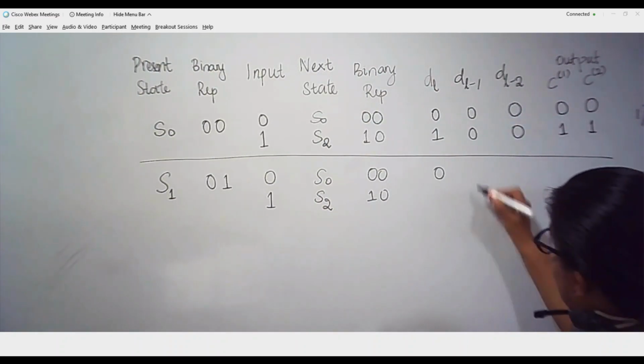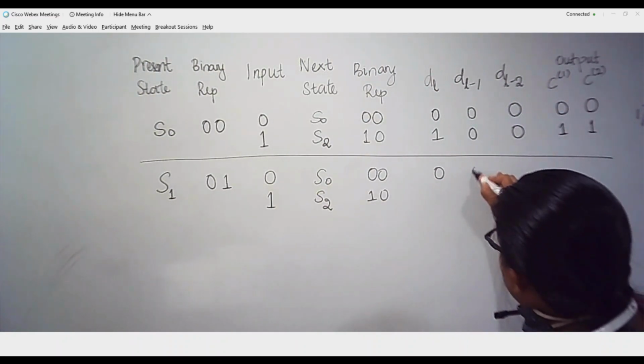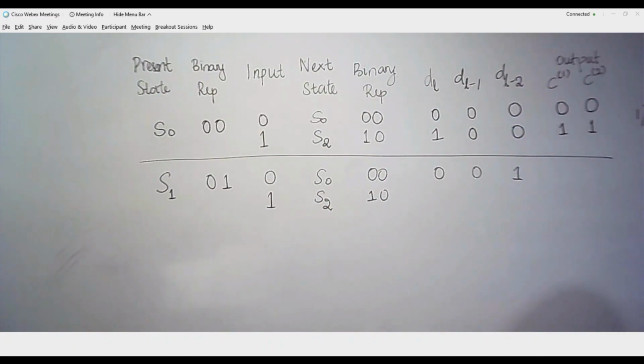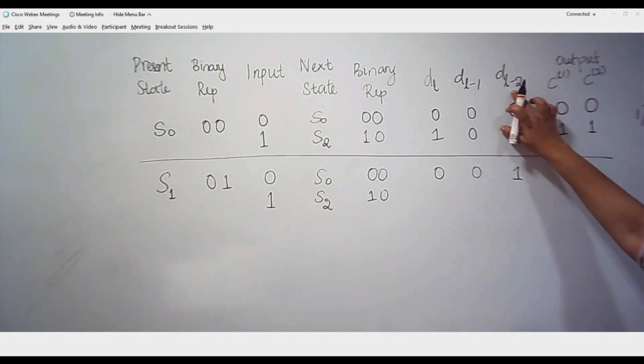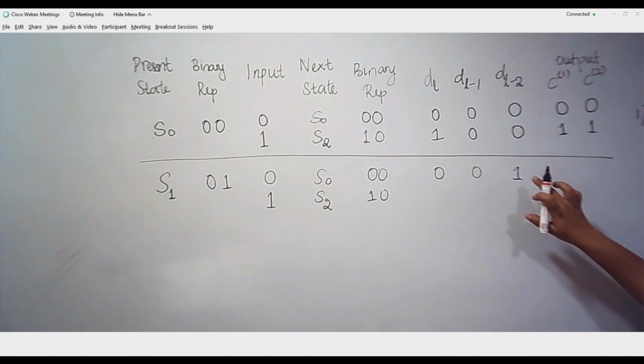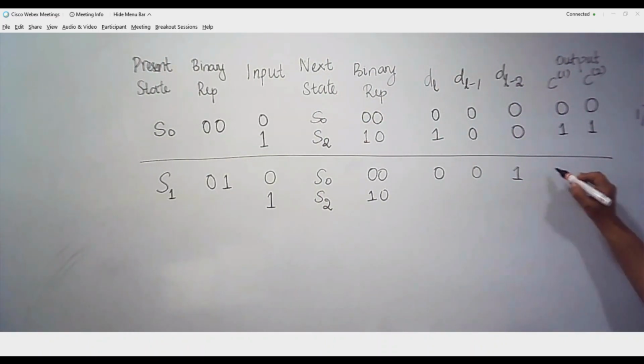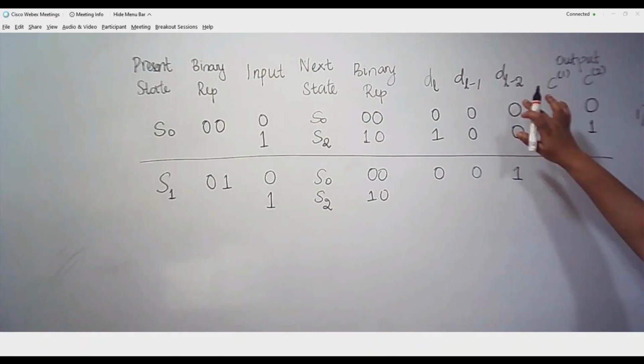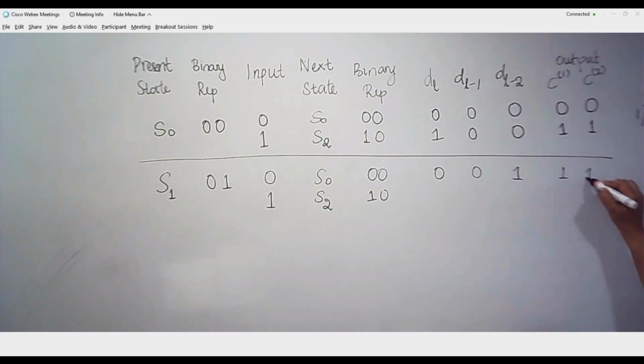And the previous two existing bits are 0 and 1. Write the corresponding output. Since both the outputs depend on DL minus 2, and I have 1, the output will be 1, 1.